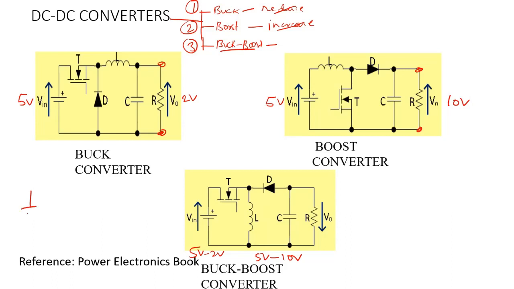Let's say that you have a voltage source. I'm not looking at it as a MOSFET or IGBT, I'm looking at it as a simple switch. Then there is a diode, which is an uncontrolled element, directly whatever it gets goes through. There is an inductor, there is a capacitor, and it is connected to the resistor.